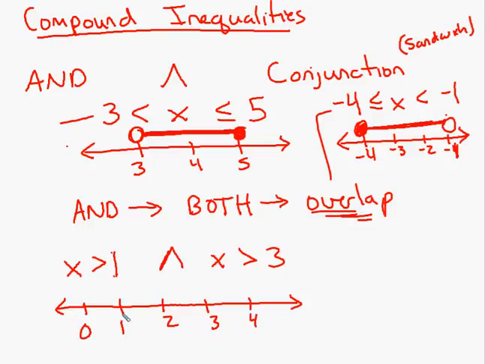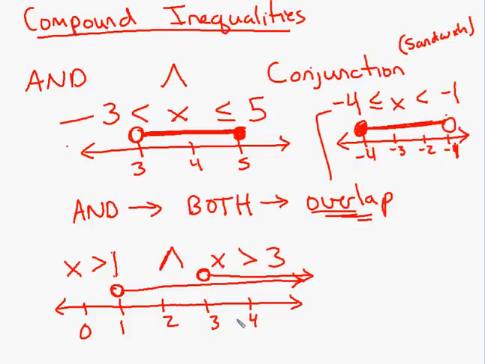Trust me, if you graph these, they will make sense. If you don't, then you won't know what's going on. So we have an open circle at 1. In which way do we go? To the right. And this one, we have an open circle at 3. In which way do we go? To the right.